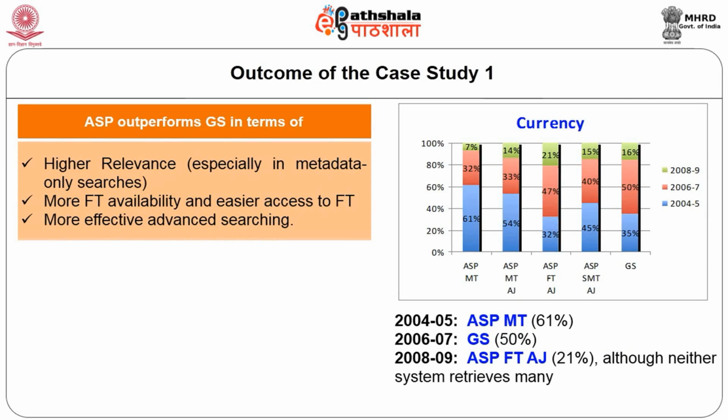The authors of the study conclude that ASP, that is Academic Search Premier, outperforms Google Scholar in terms of higher relevance and more free text availability and easy access to full text, more effective advanced searching.